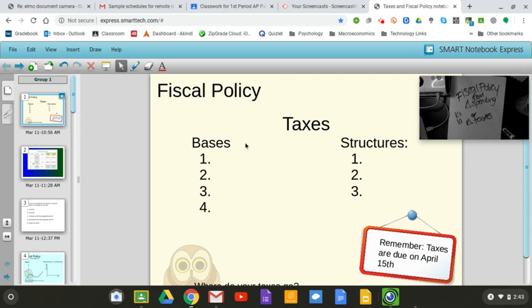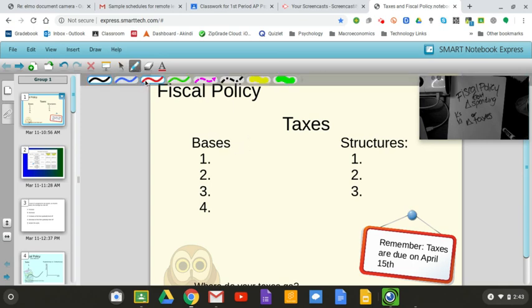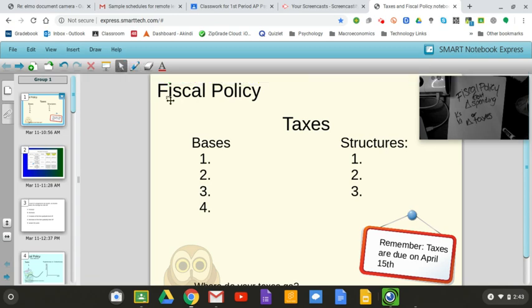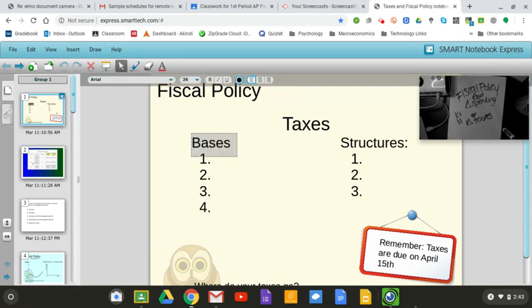So a tax base is something that is taxed. Can I type on here? Is it going to let me? Oh, okay, I can do that. A base is like items or something that is taxed. Oh, this is fun.